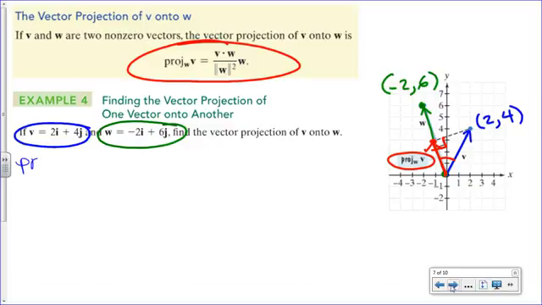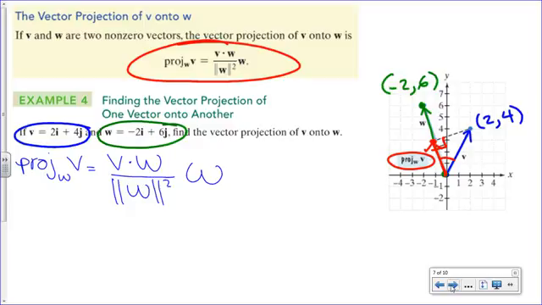So even though we have it there, I'm still going to write it down. And so we need the dot product between V and W. I'm going to divide by the magnitude of W squared, and then we're going to multiply by the vector W. Okay, so we're going to do everything one step at a time.